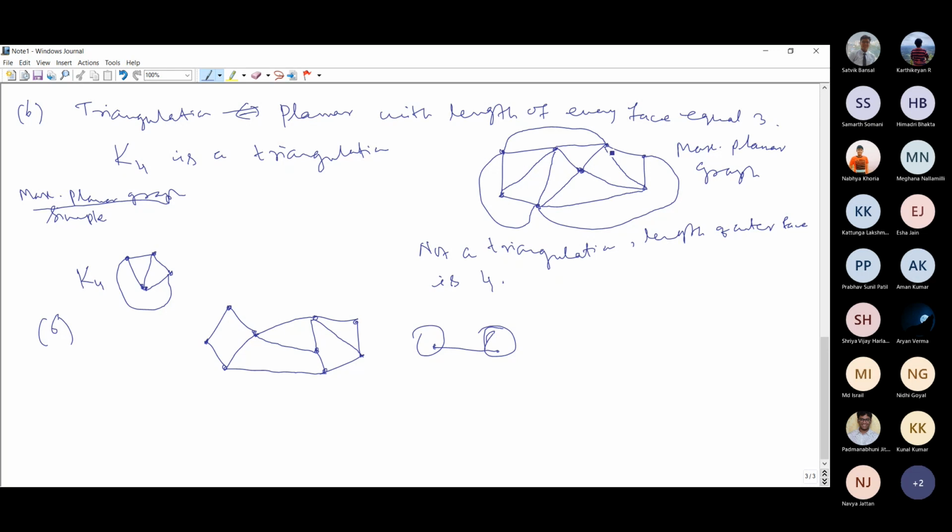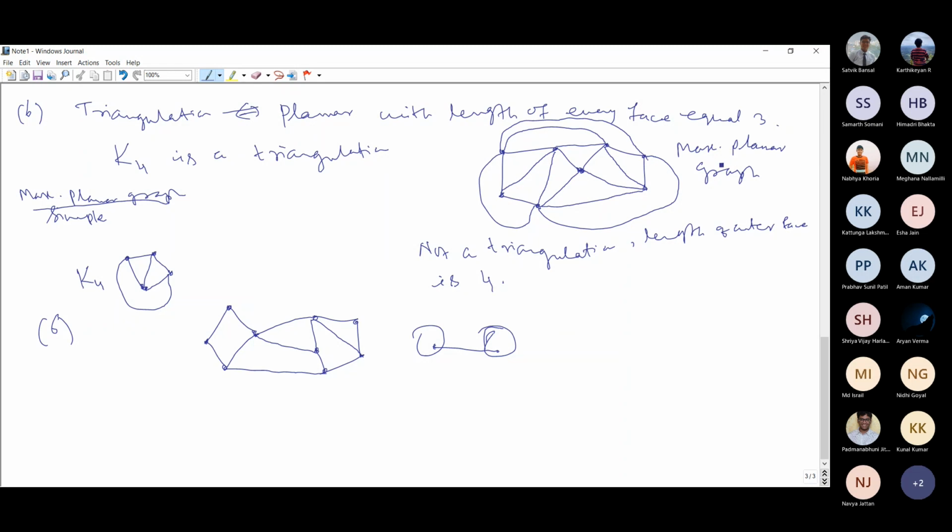There is one more edge. Where can you still include an edge so that planarity is not disturbed? Okay, from that point to above, this way.